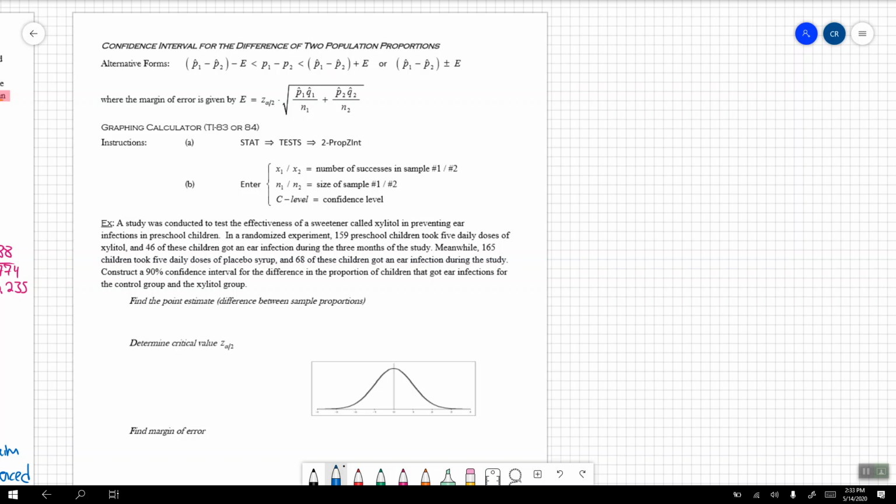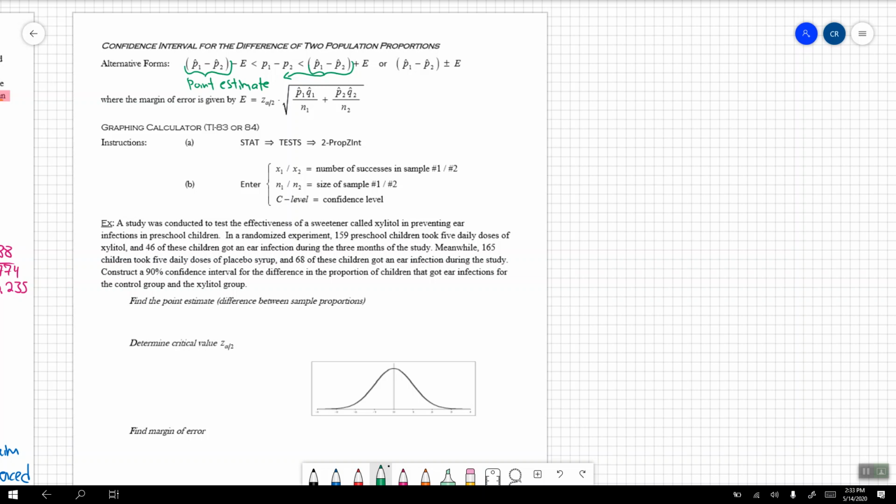All right, in other words, the point estimate. So, we need this point estimate to occur. These point estimates are your unbiased estimators. All right. So when I ask what is the point estimate, this is what I'm really looking for. What is p hat 1 minus p hat 2?